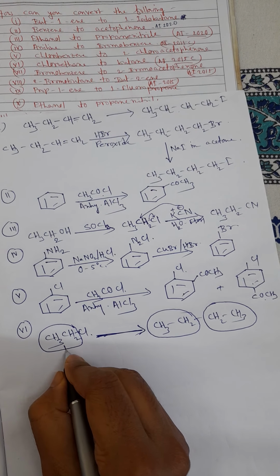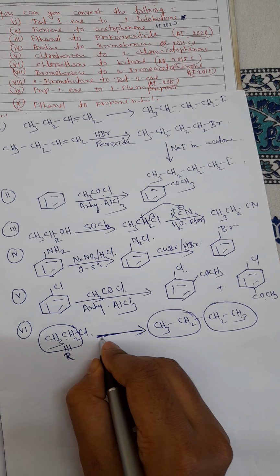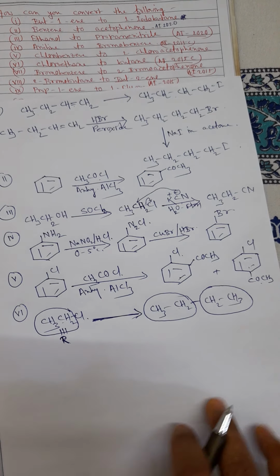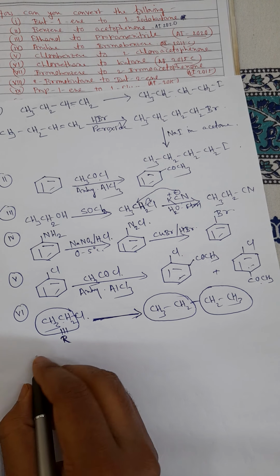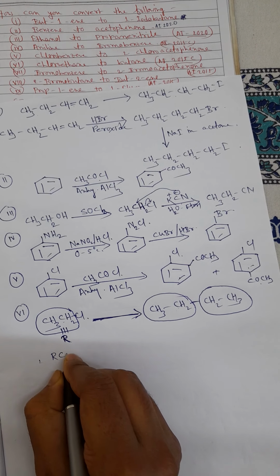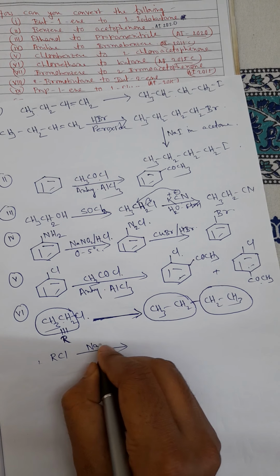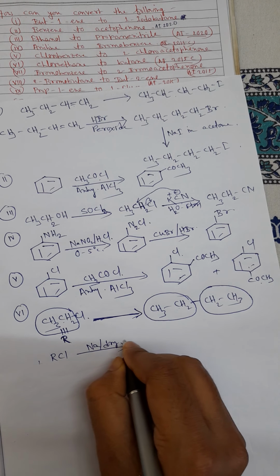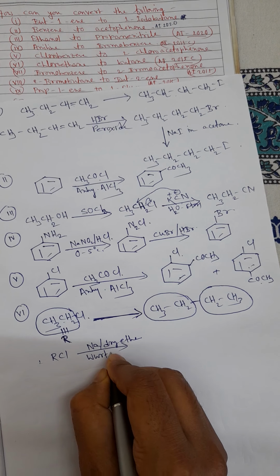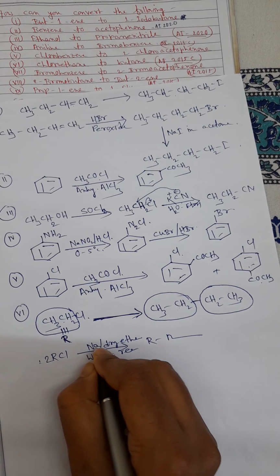If we consider this one as R, then we can easily say that RCl by means of this reaction converts into R-R. This reaction is nothing but RCl with sodium in dry ether. We know that this reaction is known as the Wurtz reaction, giving R-R.